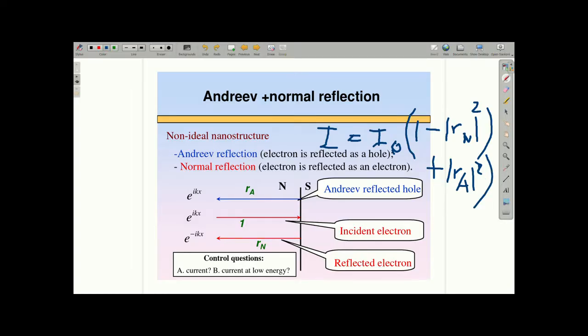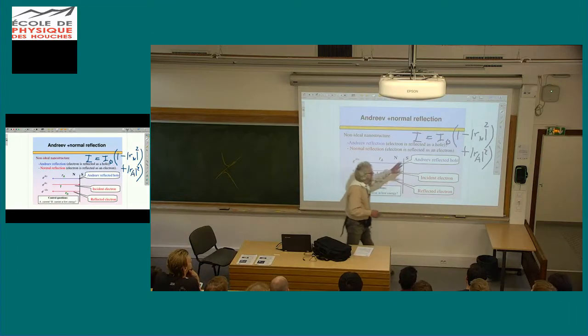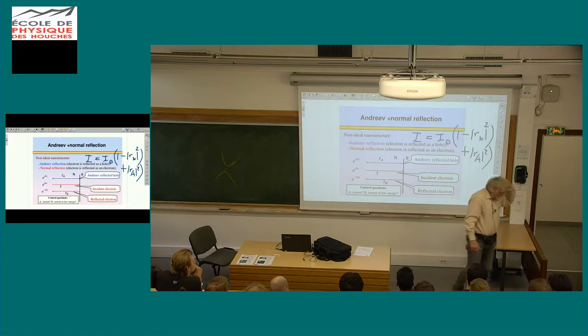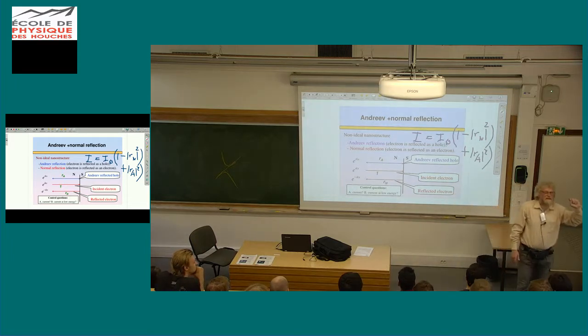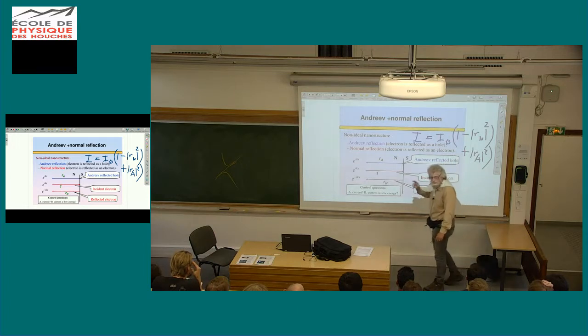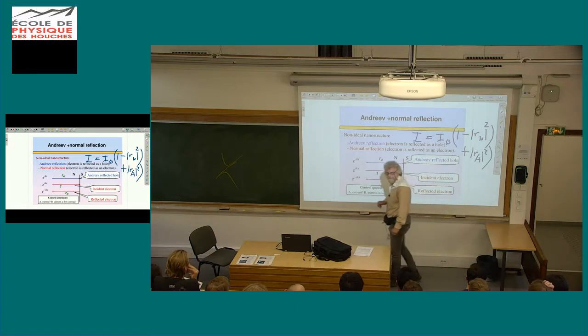Here we are, 3 terms. Again, let me concentrate on this unusual term which we can have in this Andreev reflection. If the probability of Andreev reflection is 1, in this case this disappears, we have 2. We have doubling of the electric current.